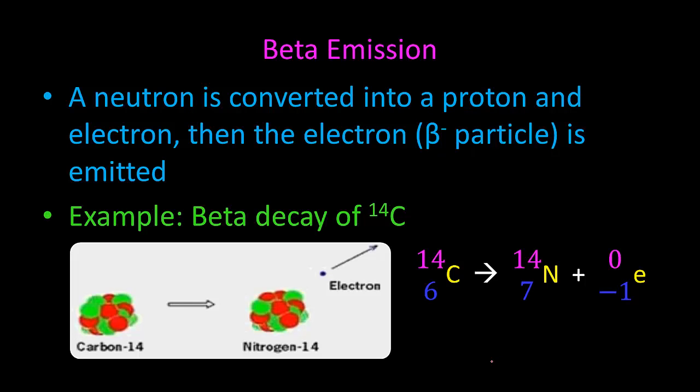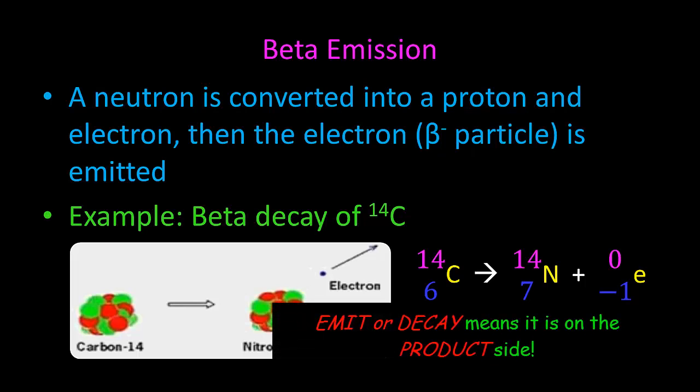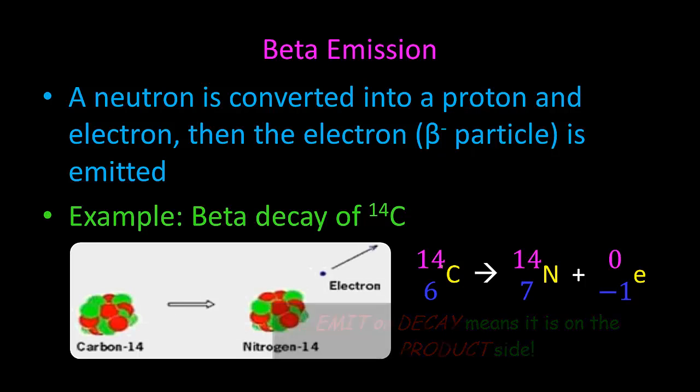Beta emission is when a neutron is converted into a proton and an electron, and then the electron is emitted. So we call that beta emission. So let's look at the beta decay of carbon-14. Carbon-14 over here has a mass number of 14 and an atomic number of 6. And if it emits an electron, we know the mass number on an electron is 0, and the atomic number on the electron is a -1.